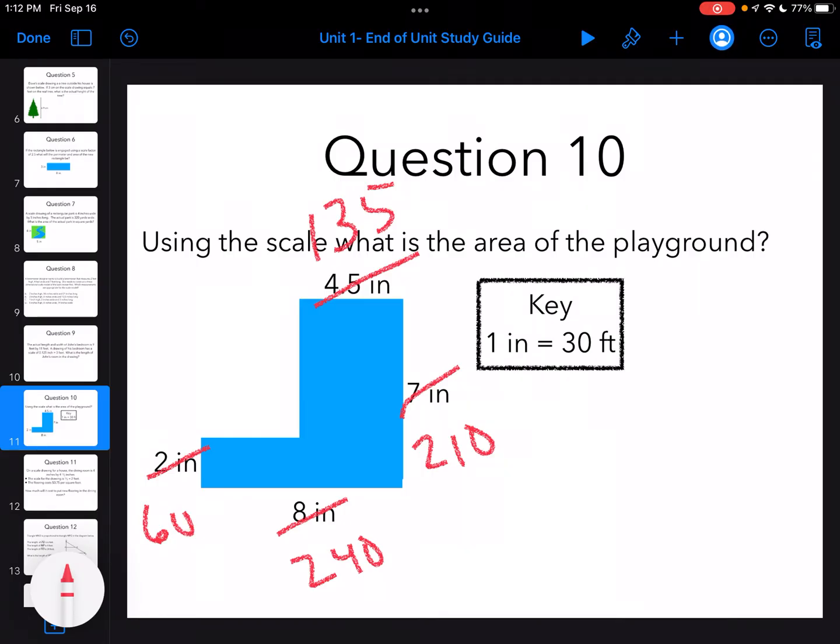Then I need to think about these other two sides. But do I? I'm not sure because we're thinking about area. So maybe I don't need to think about them. Let's see.